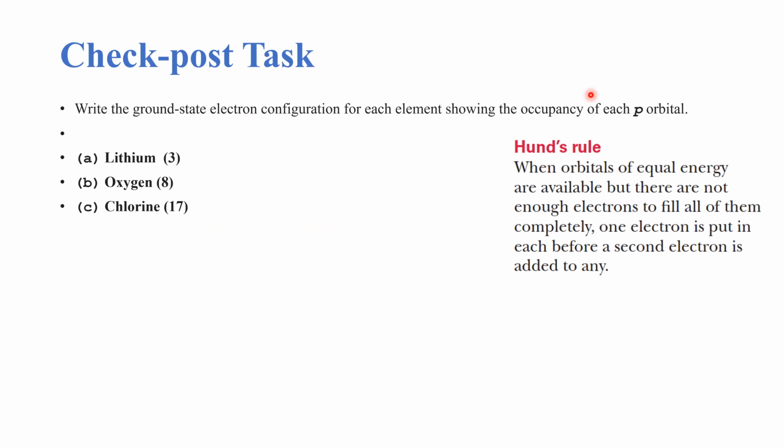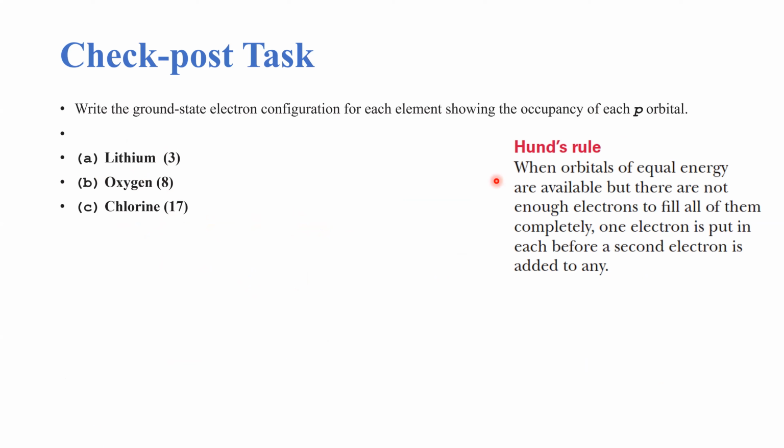I'm asking you to write the px, py, and pz, for lithium, which has atomic number 3, oxygen 8, and chlorine 17. The hint for filling this up is Hund's rule.